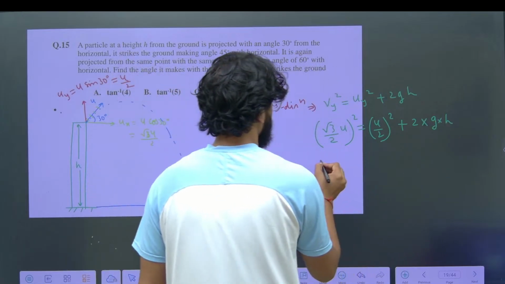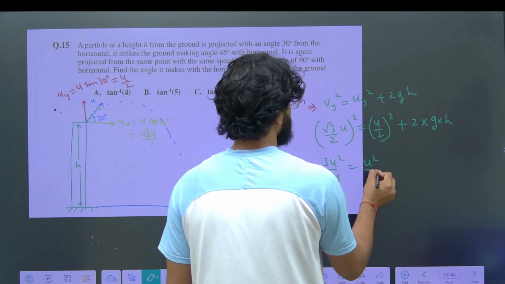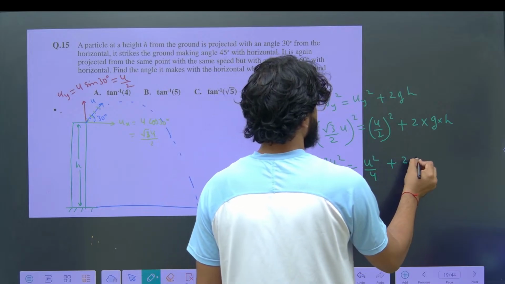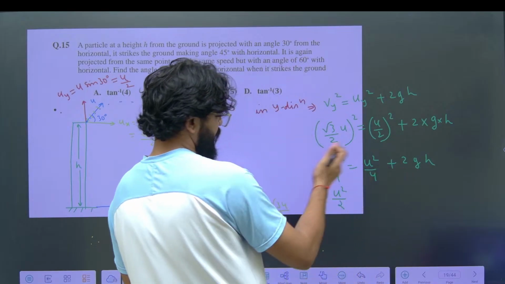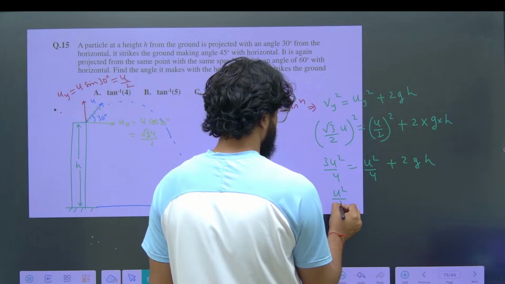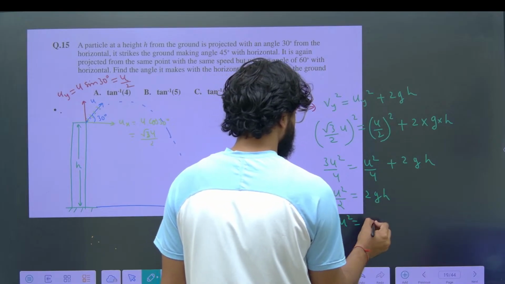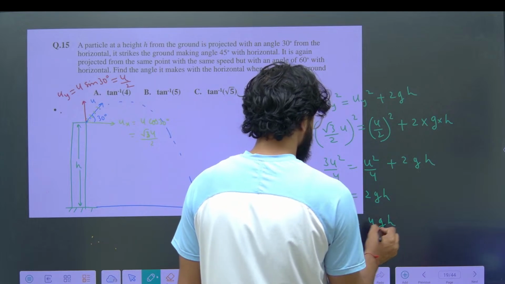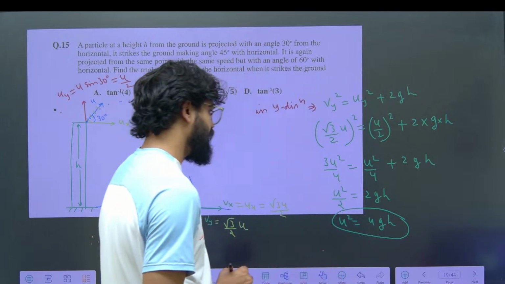ठीक है, so 3 u square by 4 equals u square by 4 plus 2gh. So it will be u square by 2 equals 2gh, and dividing, u square is coming out as 4gh. Okay, so this is some value that we can remember.